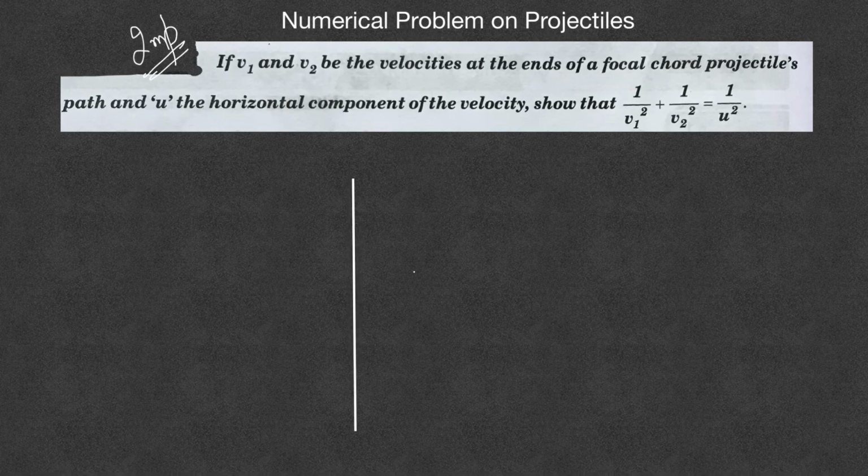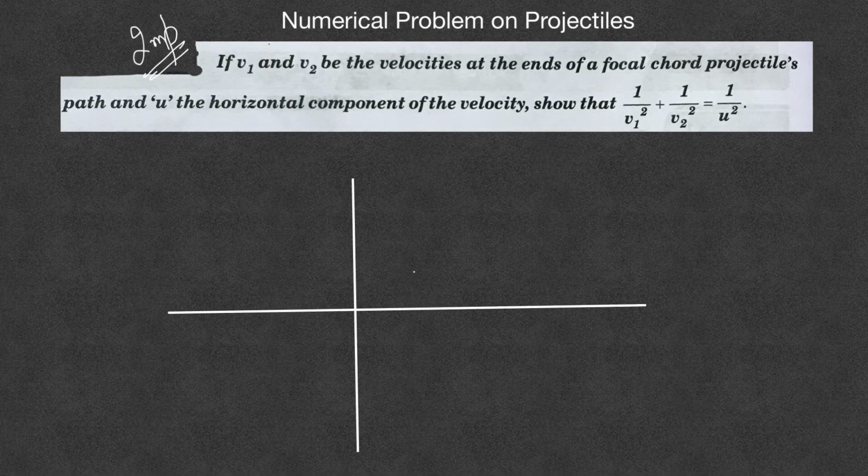This is the vertical line that we have. This is the horizontal line that we have. Okay, and say this is point O from which the projectile is projected, and this is the projectile that is projected, and say this is the focus of the trajectory, and this is the chord passing through the focus and joining these 2 points.